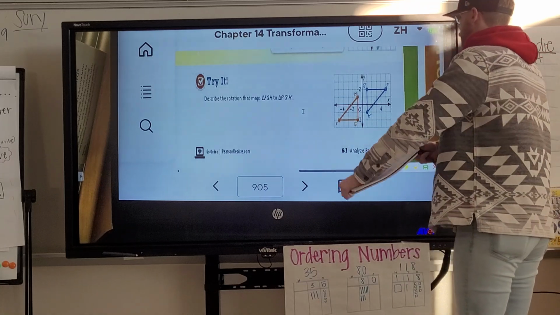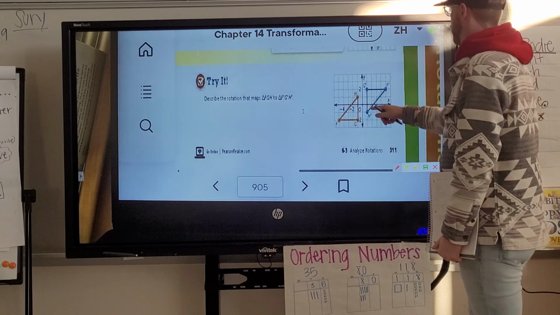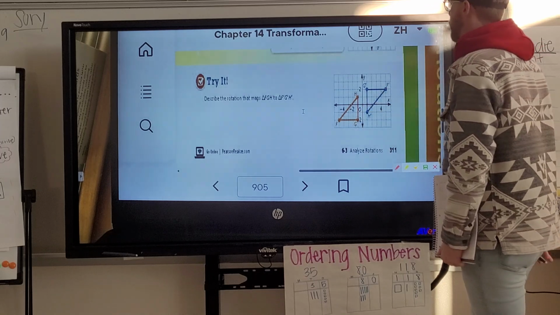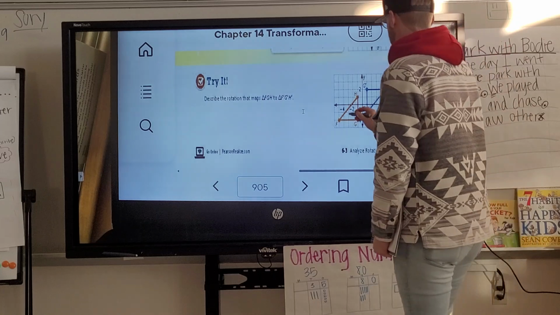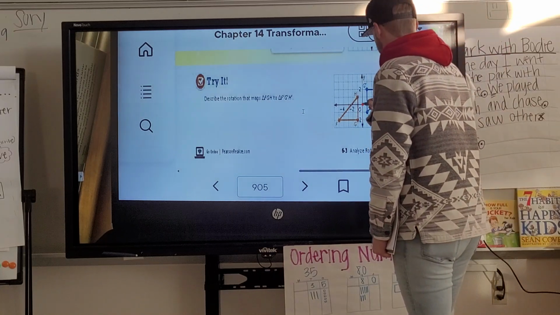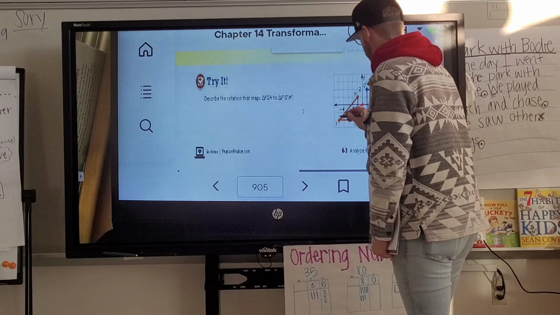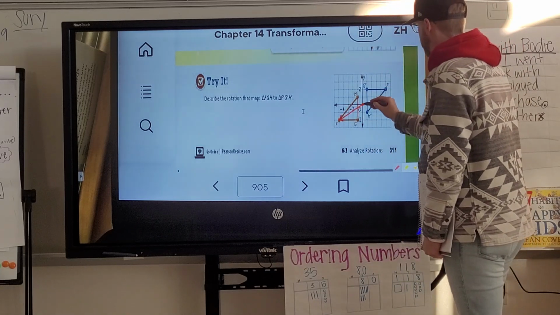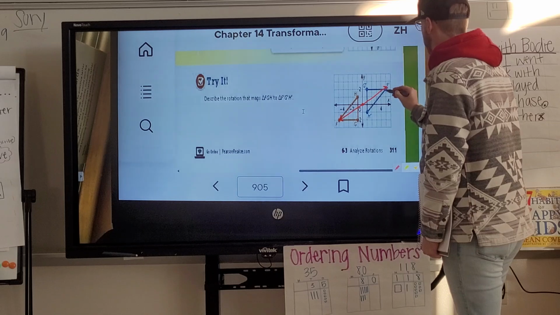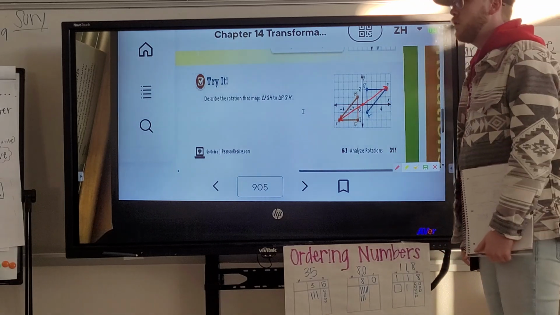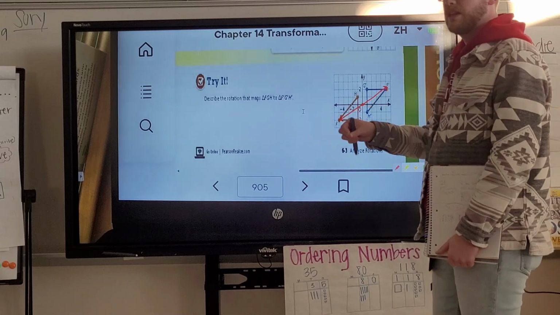We can do G to G, H to H, or F to F. Let's do F to F. If I draw a ray from the origin, which is 0, 0, to F, and a ray from the origin to the new F, it's just a straight line.